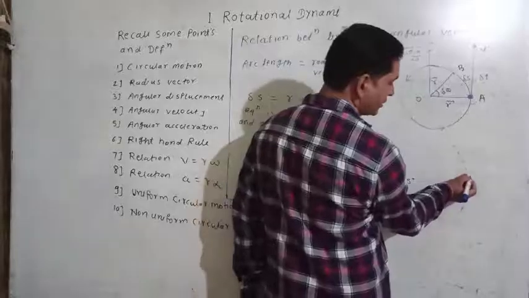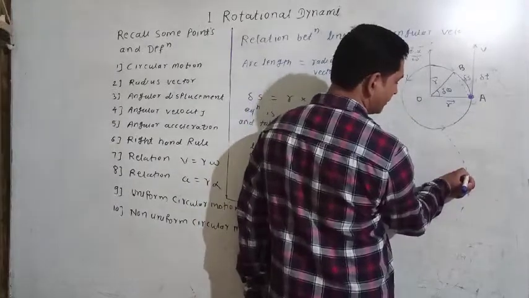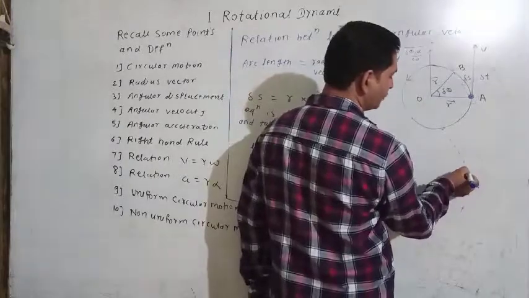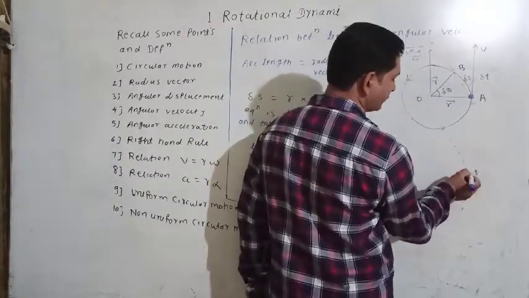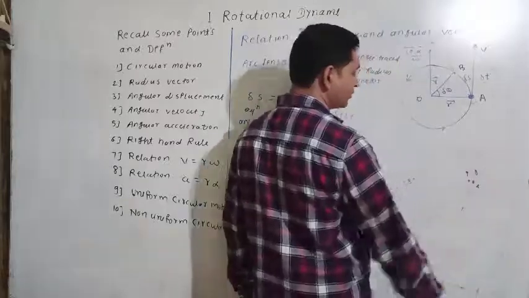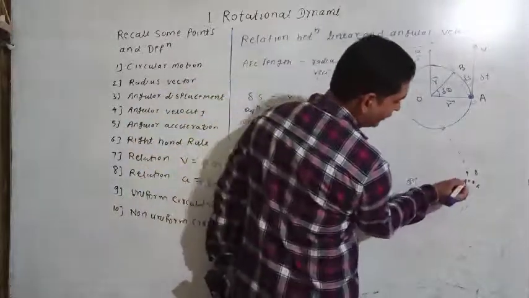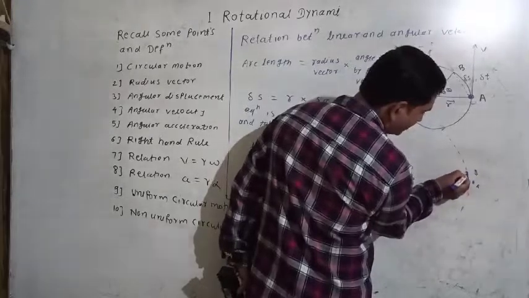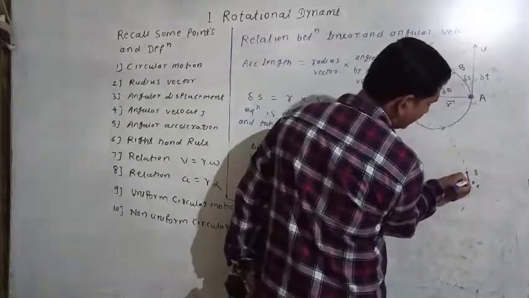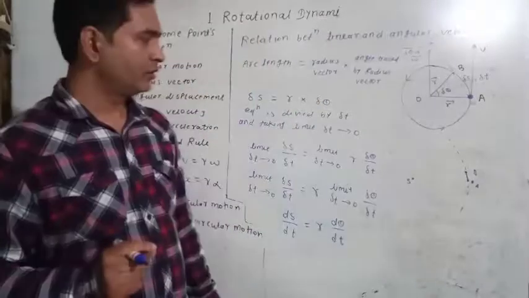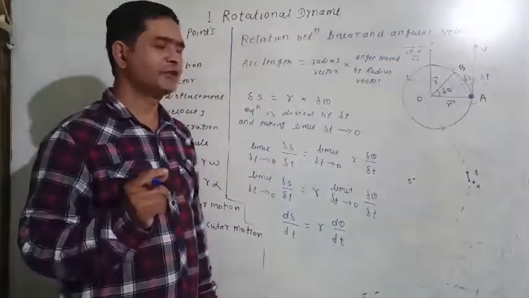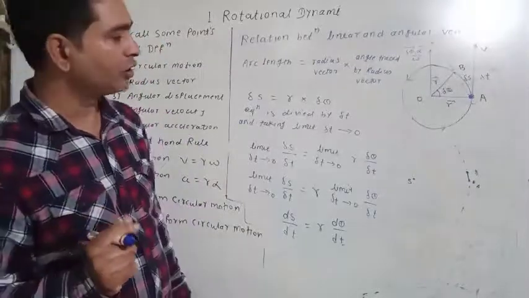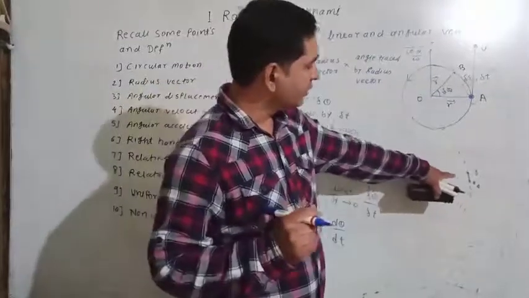The point moves to point B, and we get only a straight line, because there is no fixed displacement; time is very small, displacement is very small.